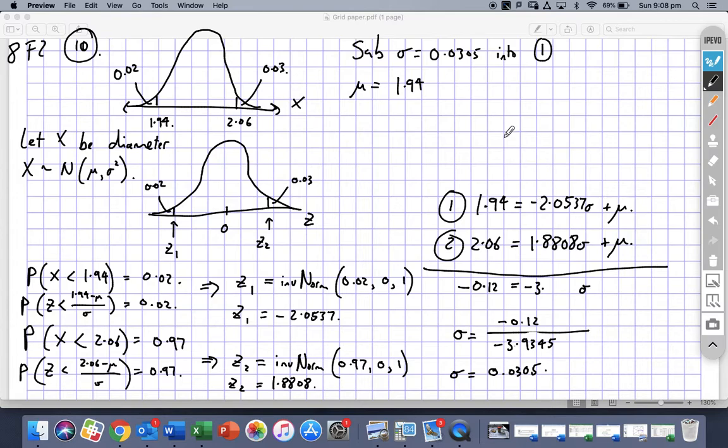This is a minus here. It would now be plus 2.0537 times the standard deviation I've just found. And I'm guessing after all this work it's going to be pretty close to 2. But let's have a look.